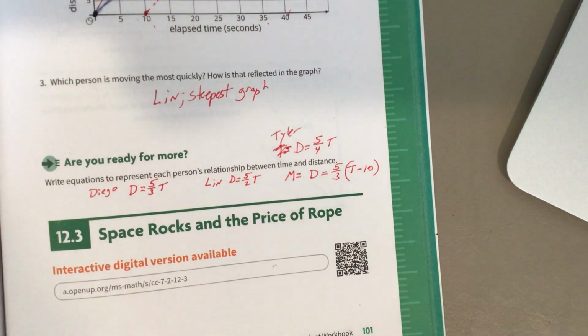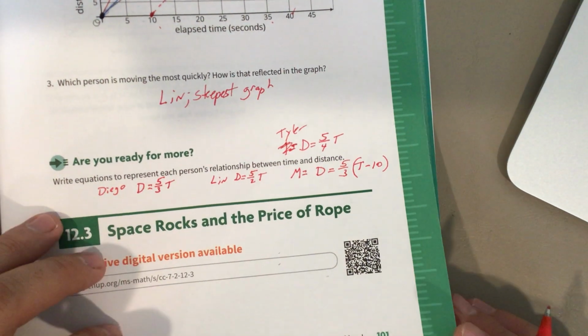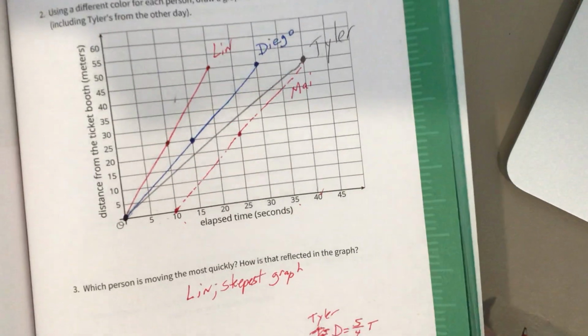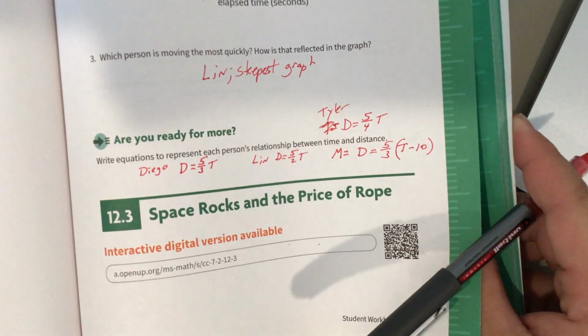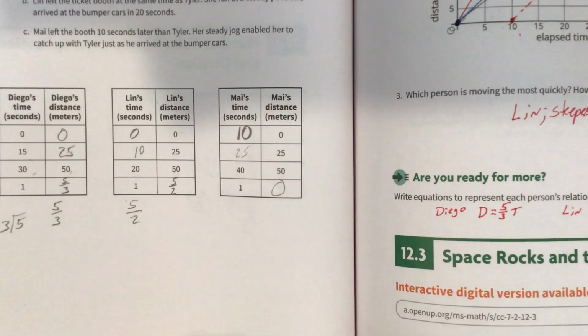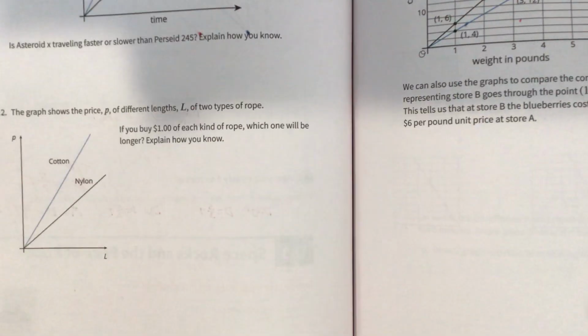Again, fraction or decimal, guys, it's completely up to you. Okay, so again, how to go from a chart to a graph to an equation. And again, the only trickier part there was that Maya left 10 seconds later, so that kind of threw a wrench into that problem a little bit.